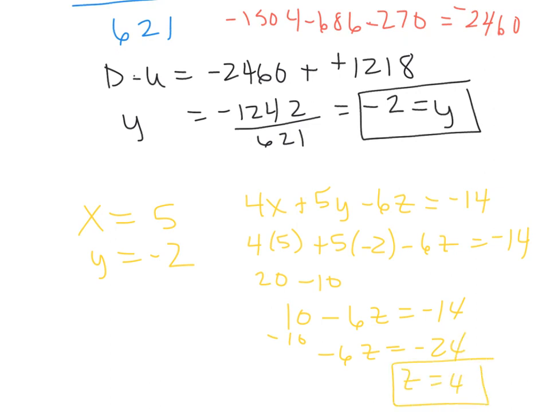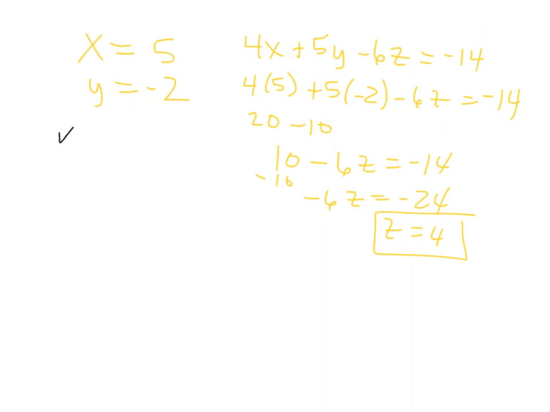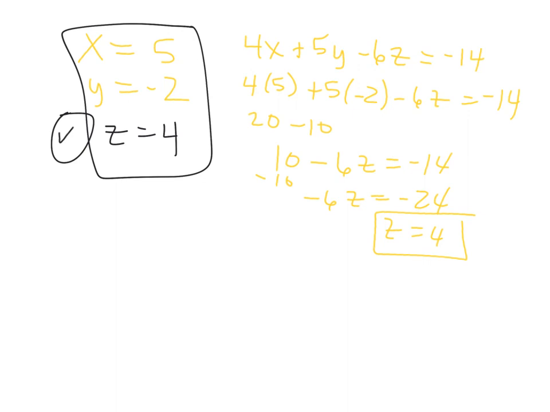Okay, now to check it, I'm going to plug it into one other equation, and we're going to see if we have it correct. Okay, so if we know z is 4, we're going to check these three answers right here. So let's go to the second one. 3x minus 2y plus 7z is 47.